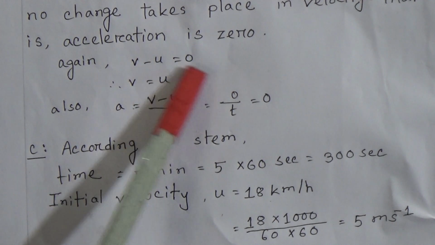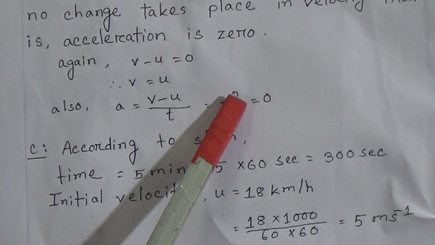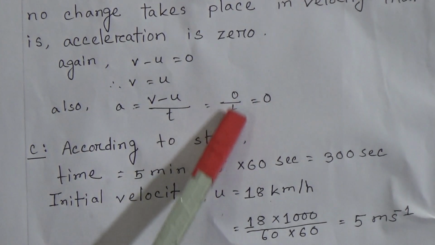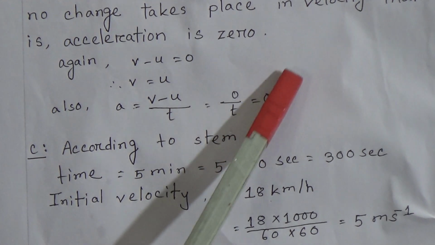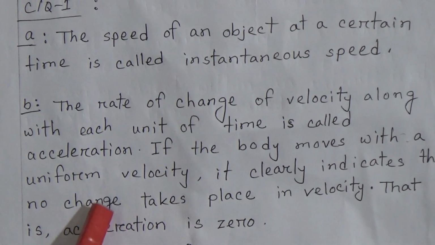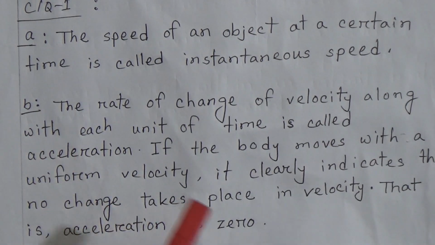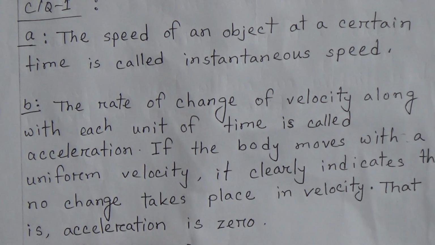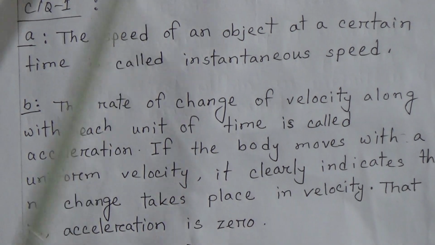We put v minus u equals 0, so 0 divided by time equals 0. That means acceleration is 0. So we have learned that if the body moves with a uniform velocity, the acceleration is 0.